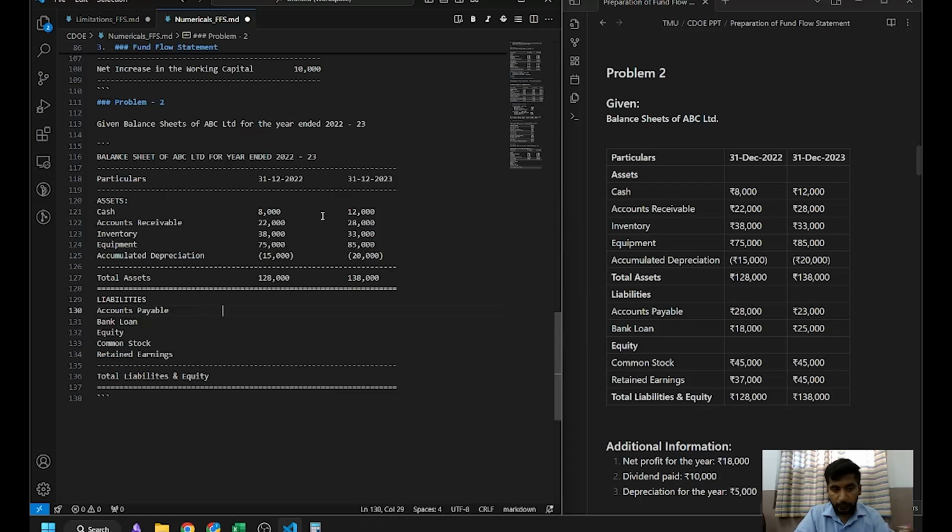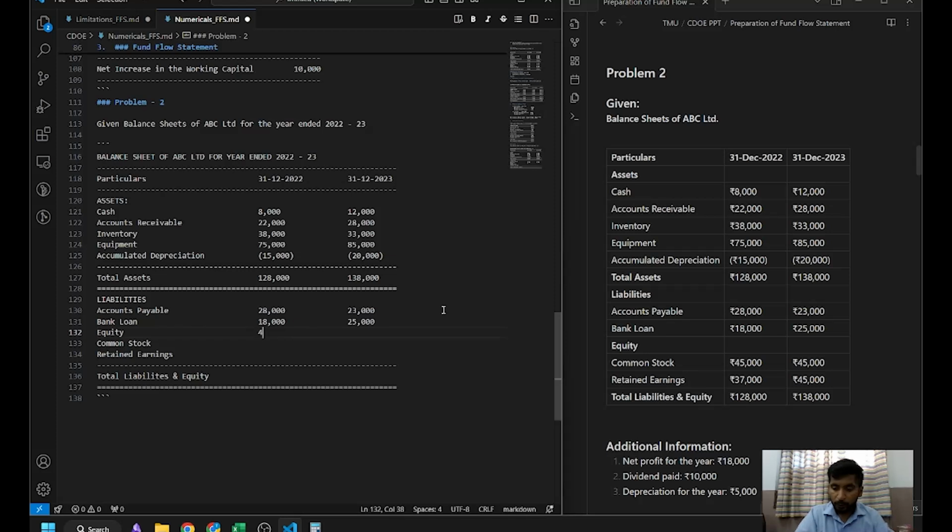Okay. Now accounts payable. 28,000 for the year 2022 and 23,000 for the year 2023. Bank loan is 18,000 for the year 2022 and 25,000 for the year 2023.